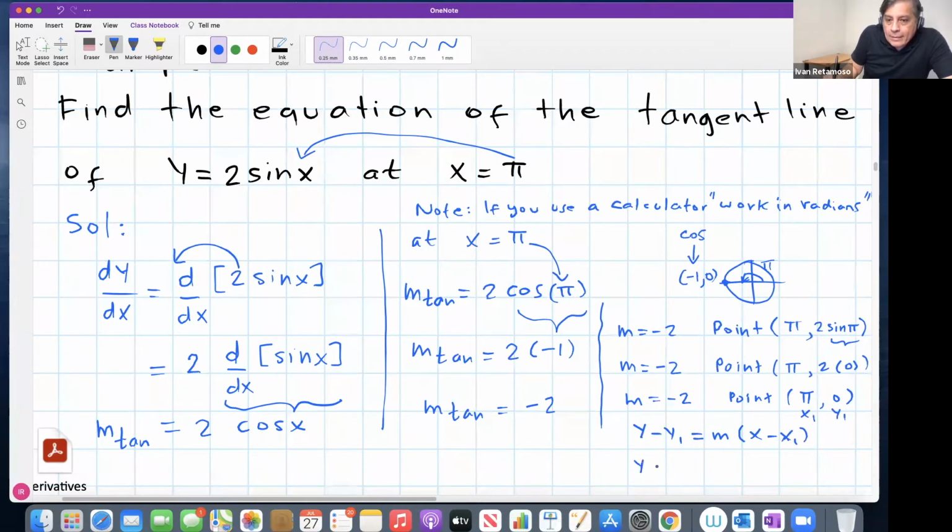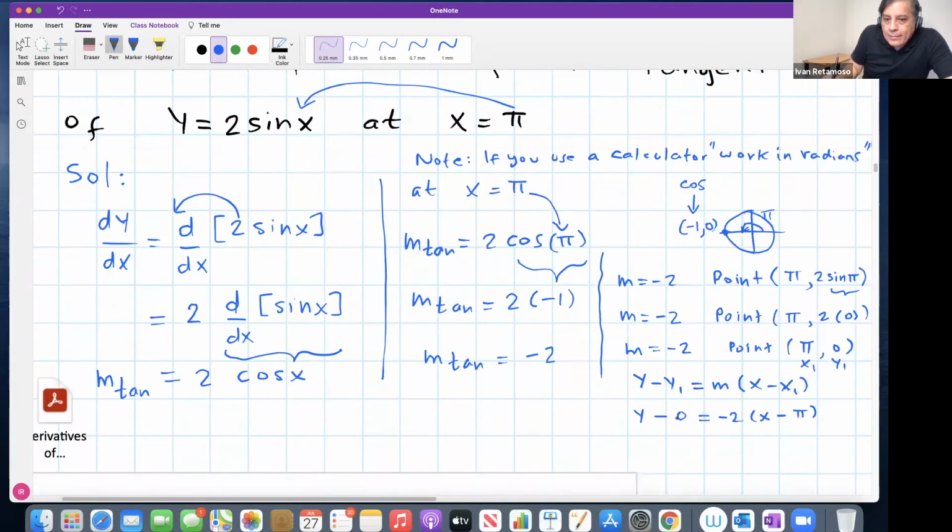So we get y minus y1, which is 0, equal to the slope, -2, times x minus x1, which is pi. So work this out, 0 disappears from the scene. 0. This is -2x. -2 multiplied by minus pi. Minus times minus is plus. 2 times pi, 2 pi.